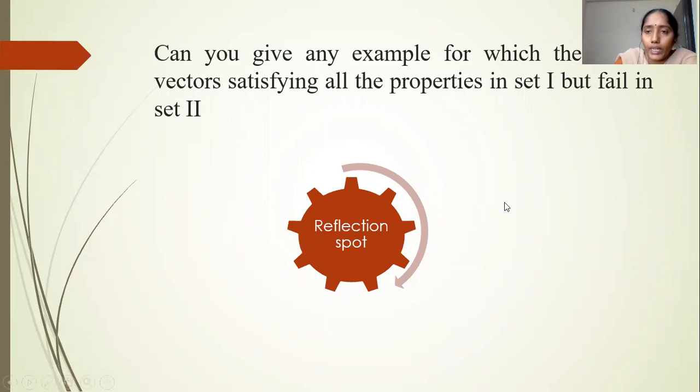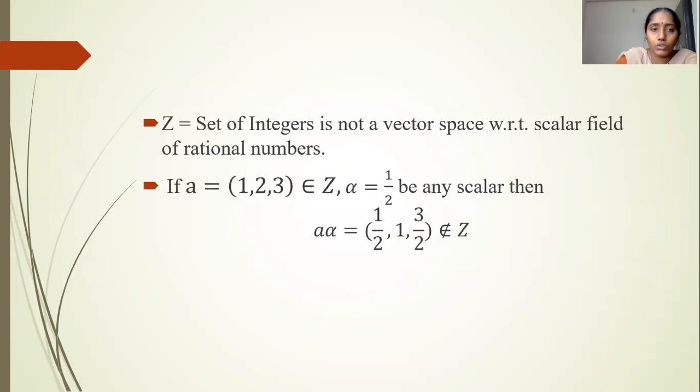Did you write any examples? I am giving some examples to you. Here Z is the set of integers, which is not a vector space with respect to the scalar field of rational numbers.